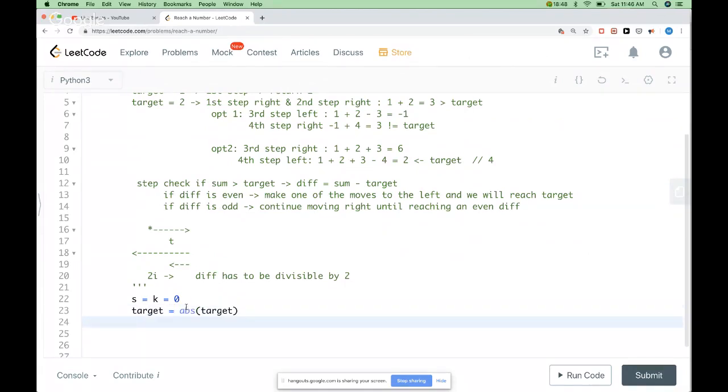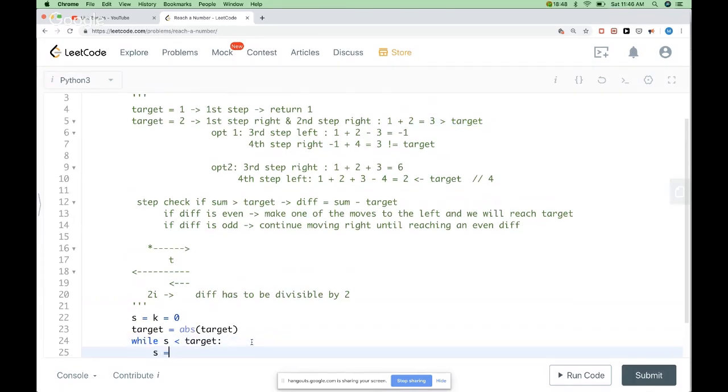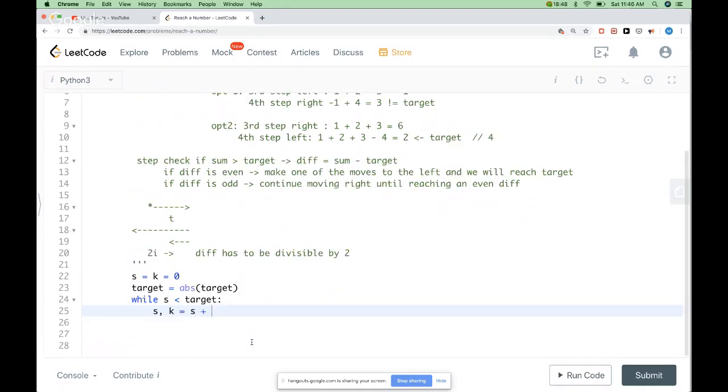And we can go while S, the sum, is less than target. So while we haven't reached the value equal or bigger than target, just keep increasing sum and keep increasing k. Just keep moving to the right, basically. That would mean S plus k and k plus 1.